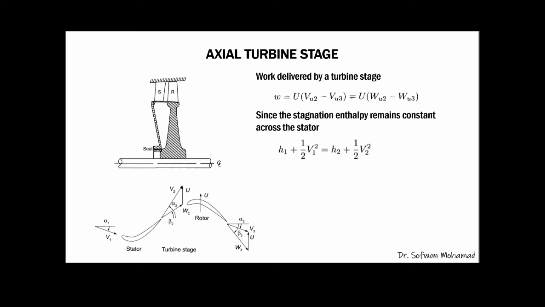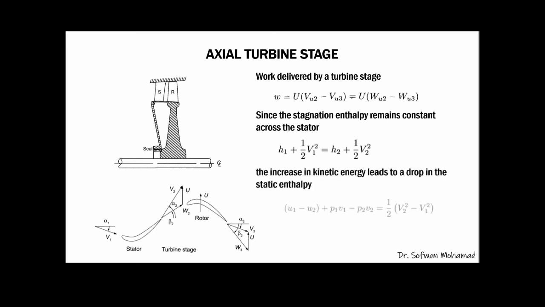Like we looked at previously, the general energy equation for a reaction turbine, but for an axial reaction turbine the stagnation enthalpy remains constant across the stator, so we can cancel out H naught 2 minus H naught 1. So this is what is left for the energy equation for an axial reaction turbine.